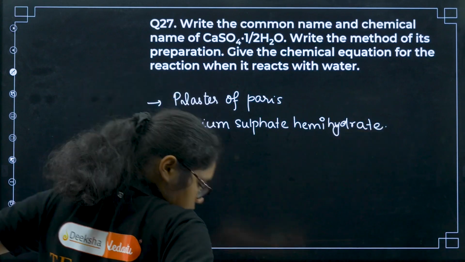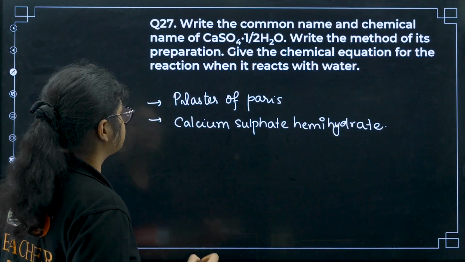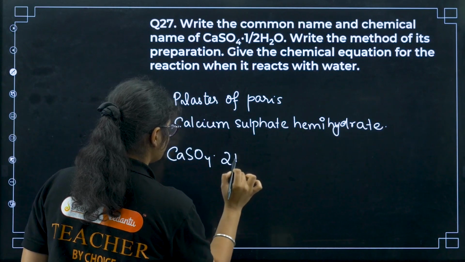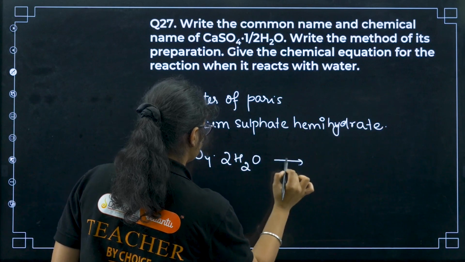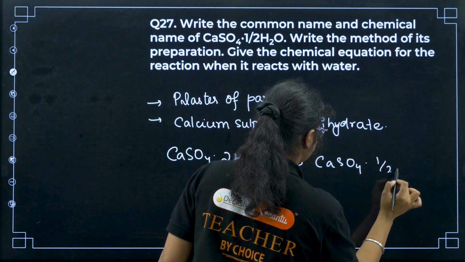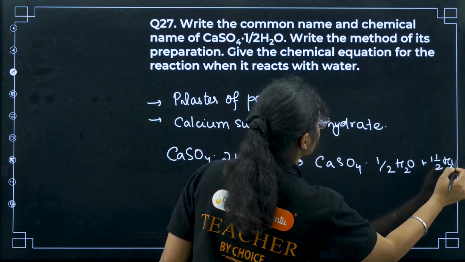So next is write the method of its preparation. So how do we prepare it? Calcium sulfate dot 2H2O. If you heat it, you will get calcium sulfate dot half H2O plus 1/2 H2O.